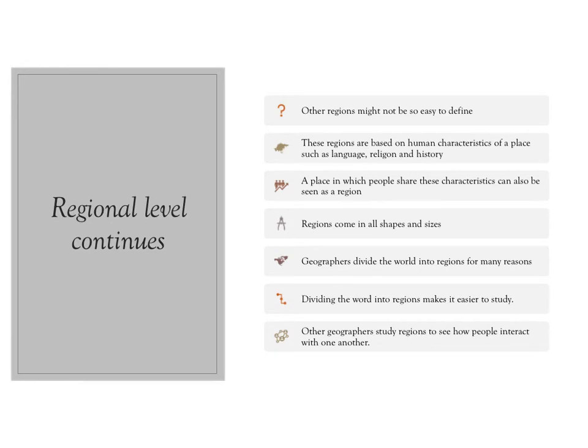Now keep in mind that not all the time can regions be easily defined, especially if the regions are based on the human characteristics of a given place, such as language, religion, or history. Regions could be huge, constituting many countries, or small, constituting one or two countries.